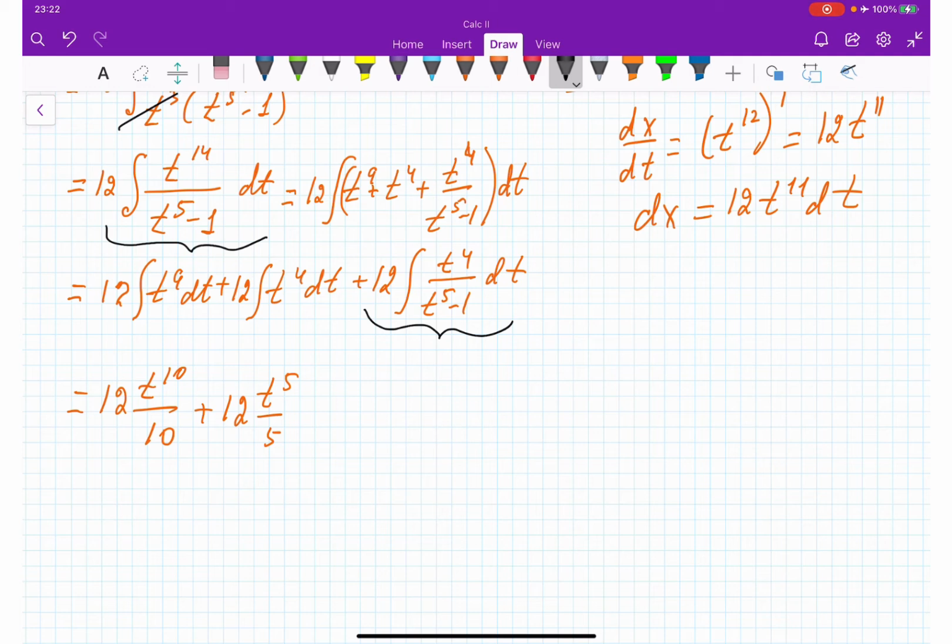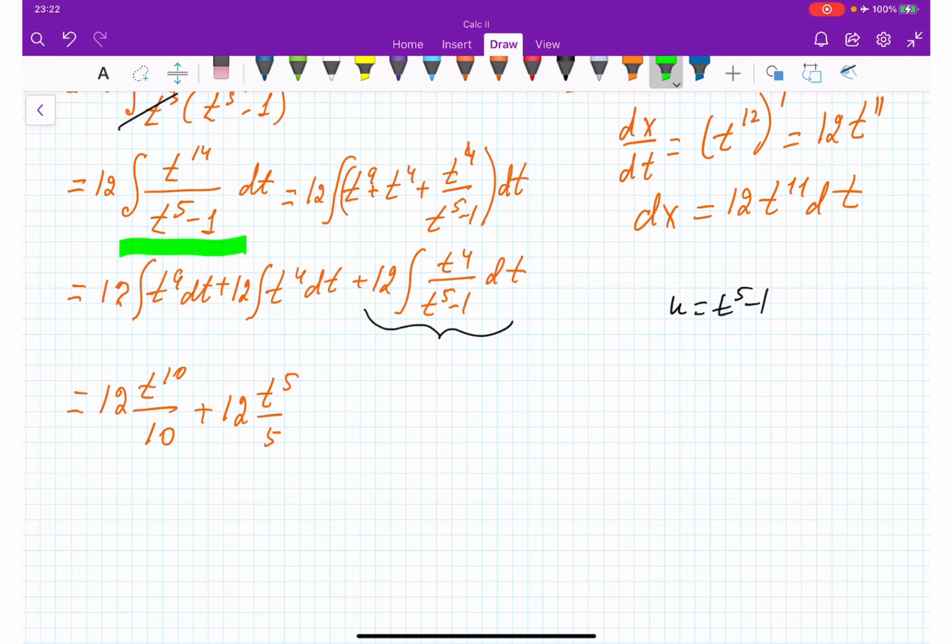Second reason, if I would substitute, let's say, I would substitute the following way. u is equal to t to 5 minus 1. I'm talking about this case.